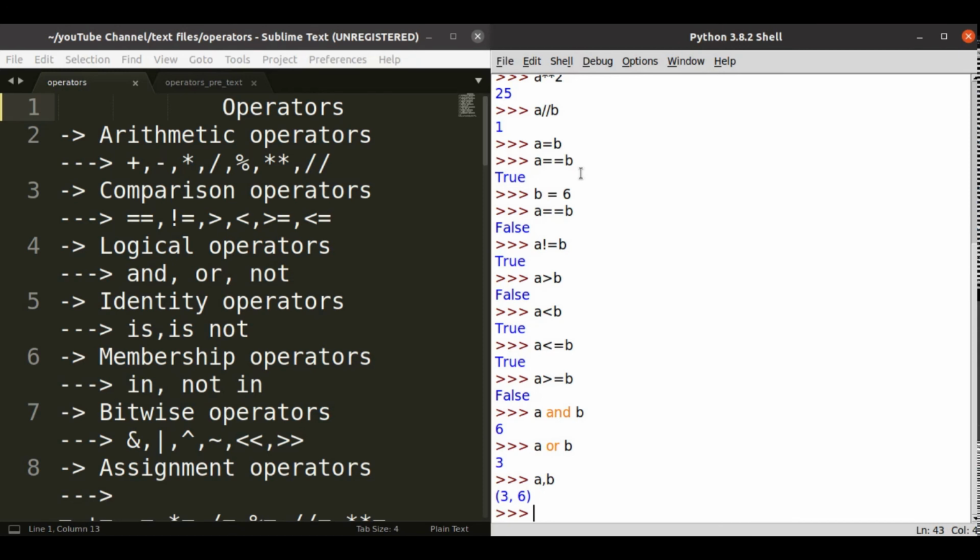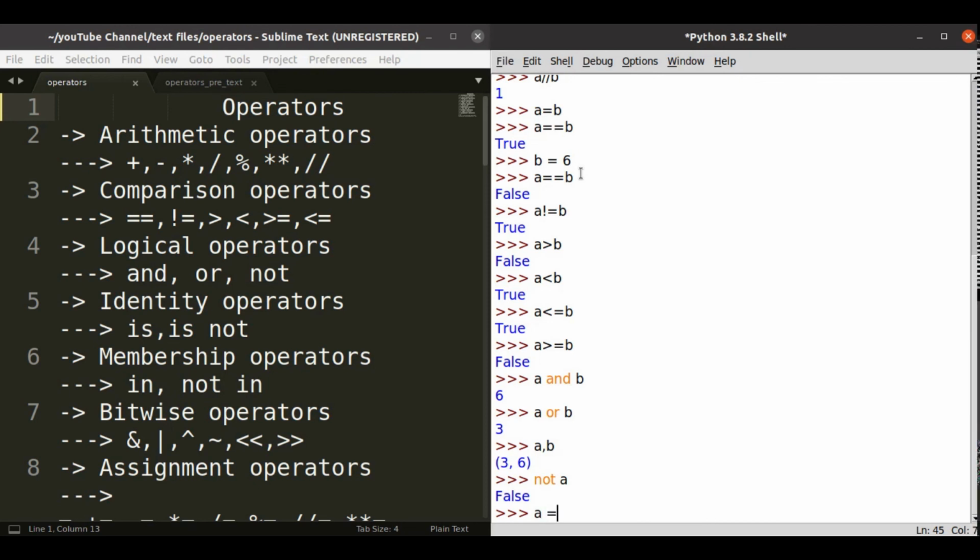In general, Python considers every non-zero element as true, and every element which is 0 as false. Now you can see not of A is false, because by default it is considering A, which is 3, as true. So whenever I apply the not condition, which reverses the case, it is returning false.